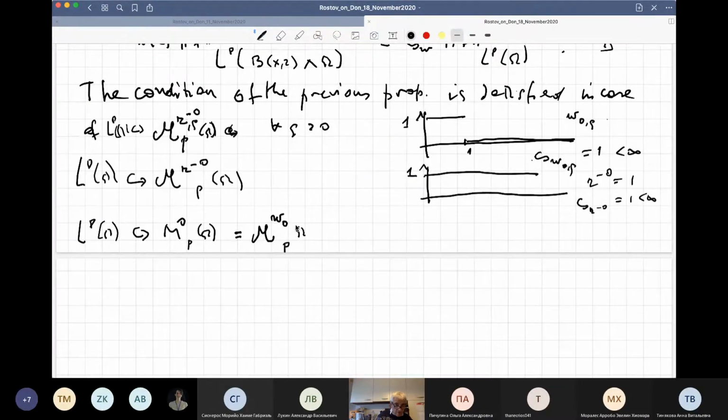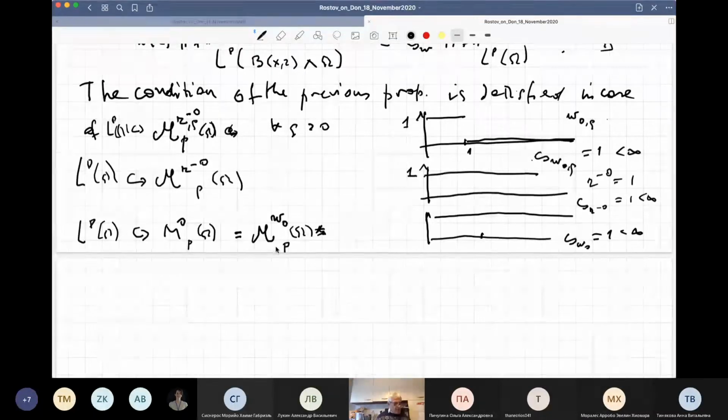But W0 was the weight r to the minus lambda up to 1, but this is again identically equal to 1. And the sigma of W0 is equal to 1, less than infinity. So these are just some trivial examples.